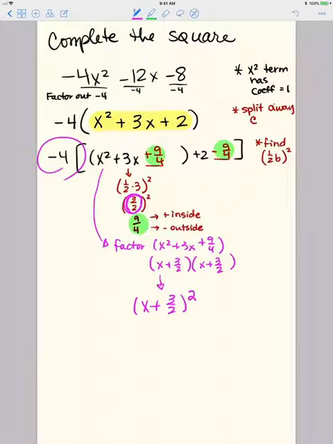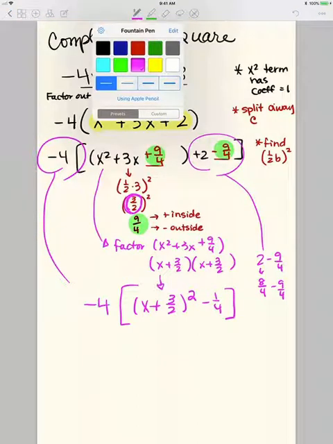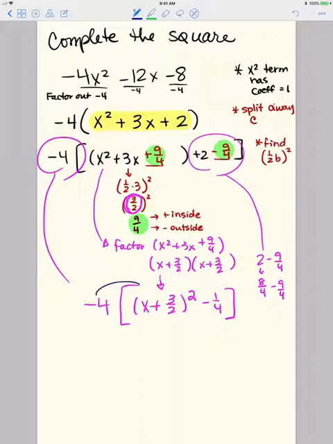You still have the -4 that is multiplied to everything, and you also still have this 2 minus 9/4, which you need to keep exact. So think of 2 as 8/4 and then subtract 9/4, so you're left with -1/4. And then the final step will be to distribute that -4 that you factored out to begin with.